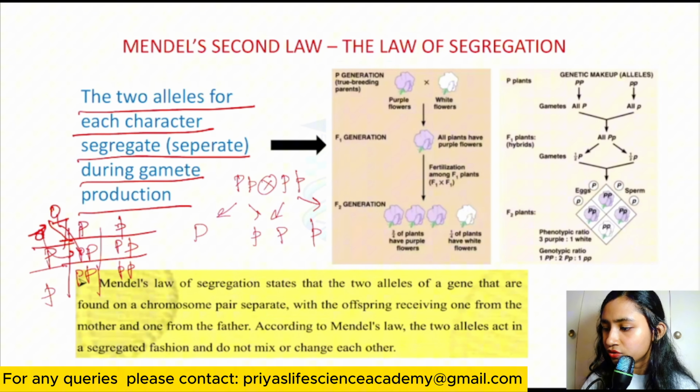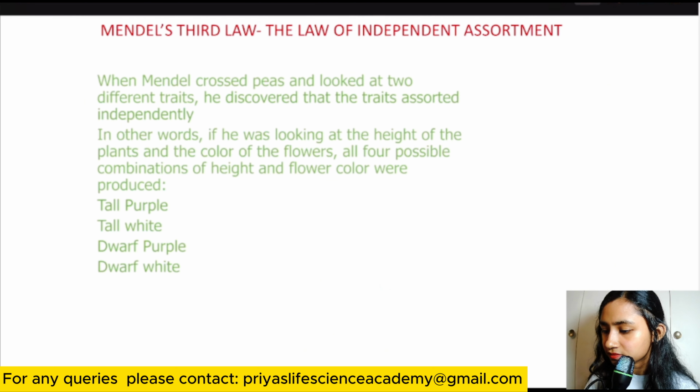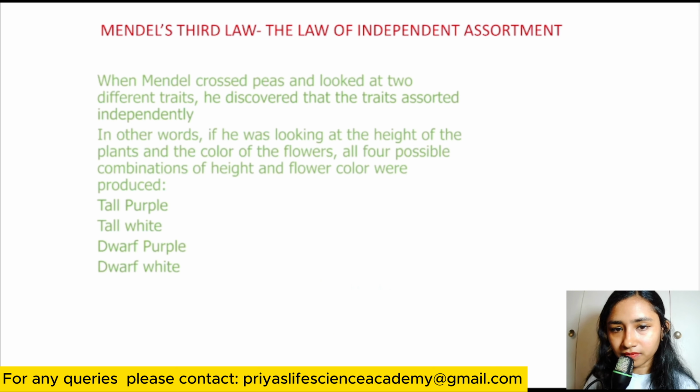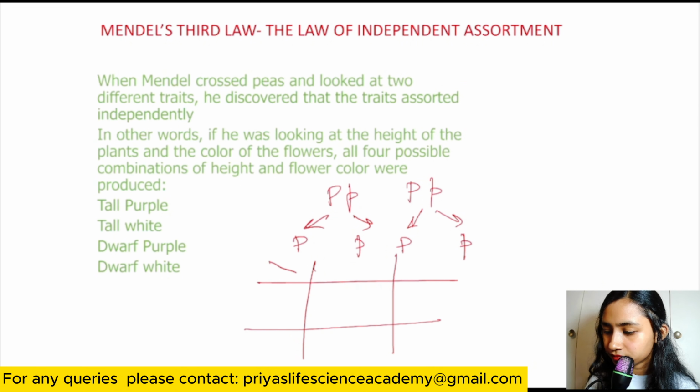I'll show you this nicely. Capital P small p: the alleles are segregating during gamete formation. For example, this is the mother and this is the father.